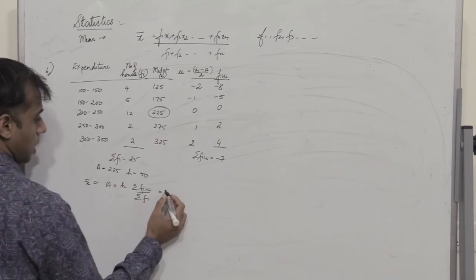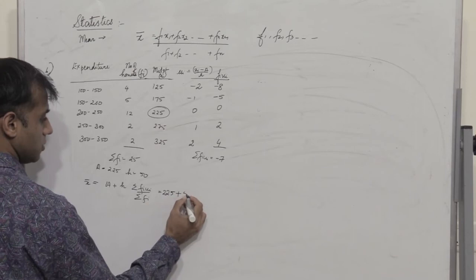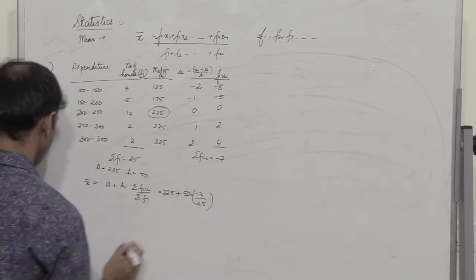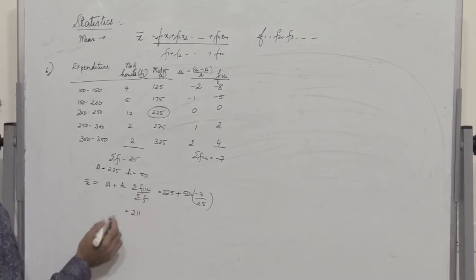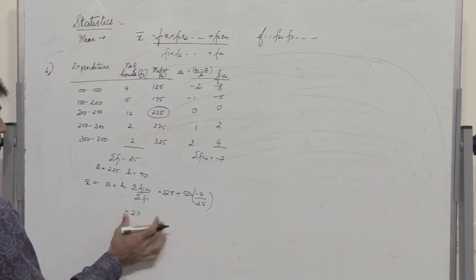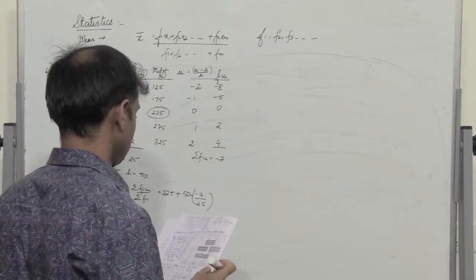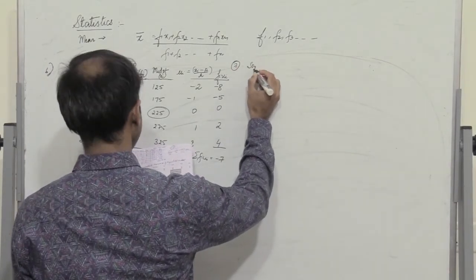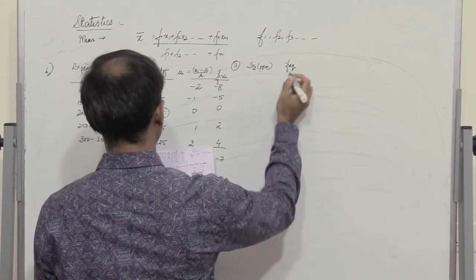So which is 225 plus H is 50 into minus 7 divided by 25. So we get the value as 211. So 211 rupees per household is the mean expenditure when we consider these 25 houses. So problem 7, we find the concentration of SO2 in parts per million and its frequency.